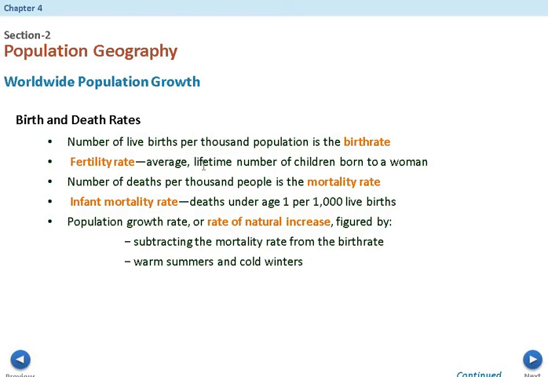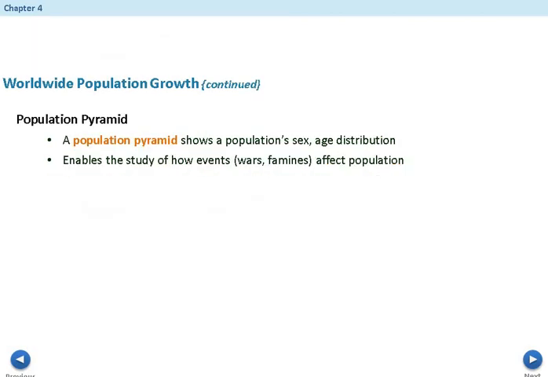The reason is that if a country is developed and has a lot of money, usually the first thing they do is spend that money on things to help kids, help pregnancies, help the birth process, so that people are not going to die in those situations. So when we see a high infant mortality rate, that usually means countries are struggling economically. Those rates show us a lot about the population of a specific country.